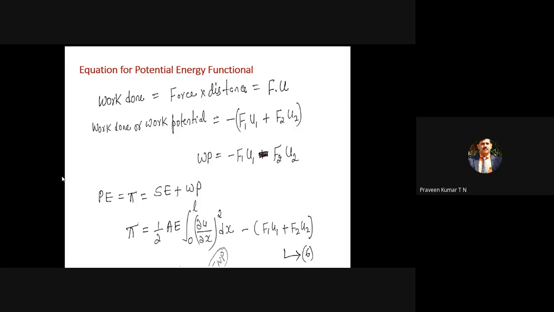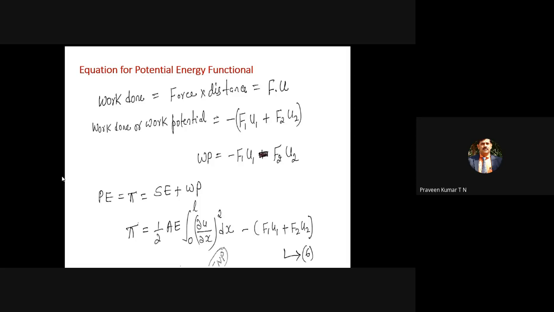The field variable in heat transfer is the temperature. In finite element analysis of heat transfer, our main objective is to find the temperature at different nodal points. We have KT equal to Q, where K is the thermal conductivity matrix and T is the temperature vector. On the right hand side, we have the heat flux vector, where the regular force is replaced by the heat flux Q.